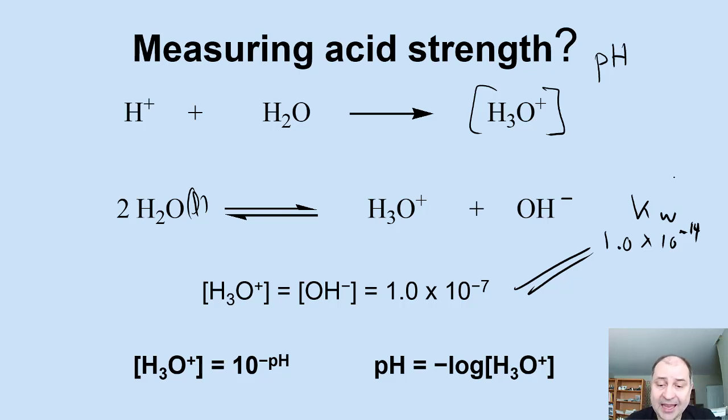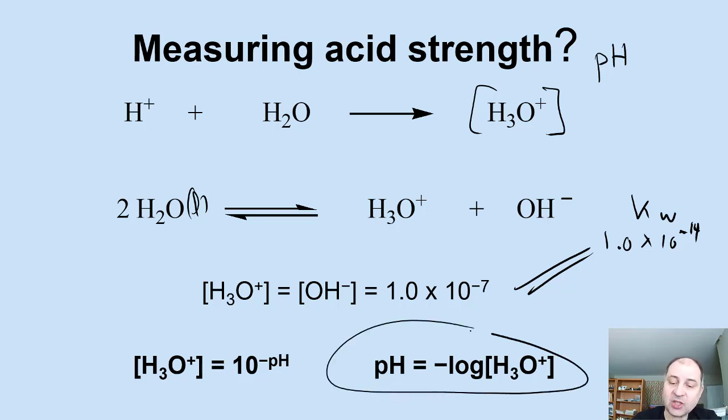And so then the pH is calculated by taking the negative log of the H plus or hydronium ion concentration, which means to what power do I have to raise 10 to get to that concentration, right? So if the concentration is 1 times 10 to the minus 7, the pH would be equal to 7.